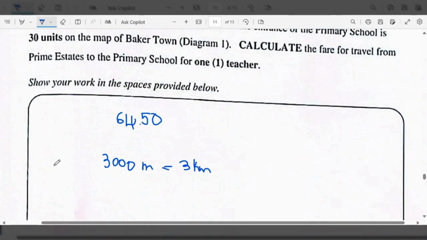So I'm just writing this out so I'm clear on what my calculation should be. I should have typed instead of written, but it's okay. You get the notion. So now I'd have to do 64.50 times 3.